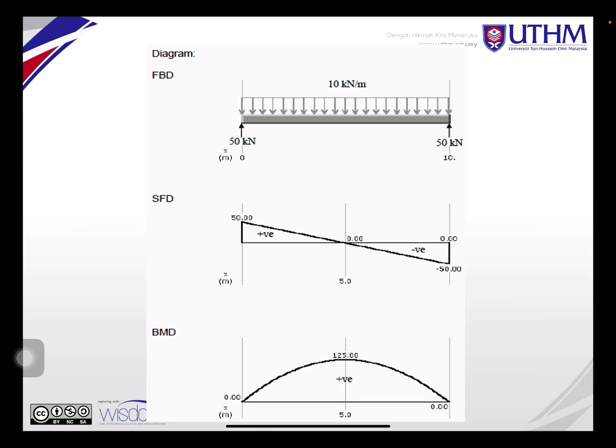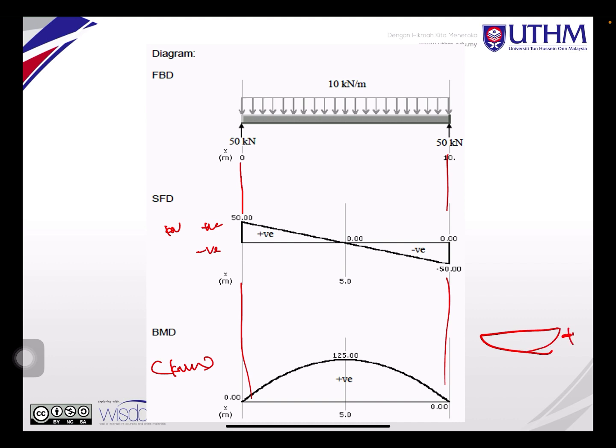When you plot it, it must be a straight line. You mention this is the positive direction, this is negative, the unit is kilonewton, and this is kilonewton meter. If you want to draw it like this but mention this is positive, you also can, no problem.